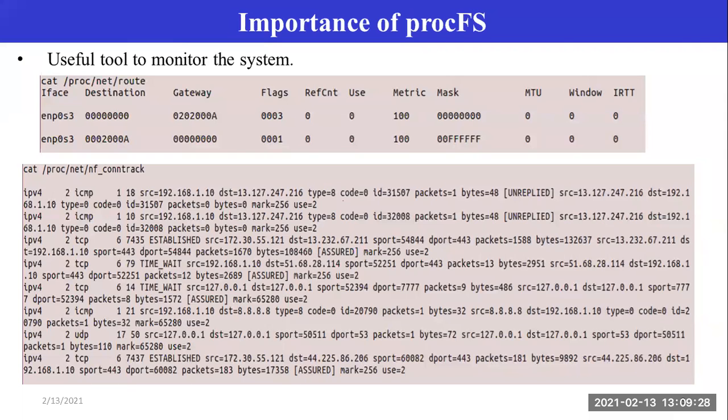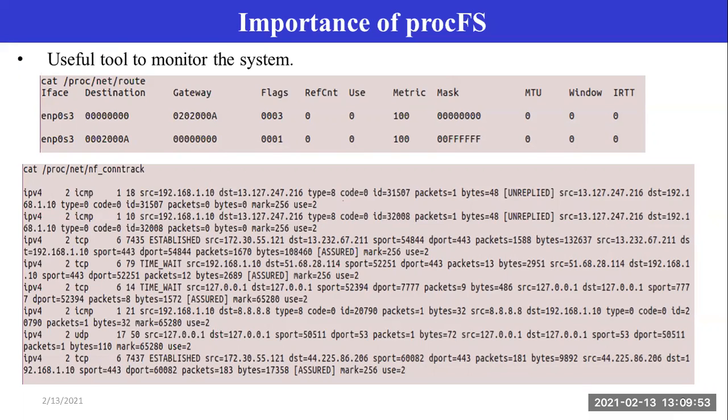That means the server which is listening on 443 is on the 211 machine, and the 121 IP is the client machine, the IP address of the local machine.